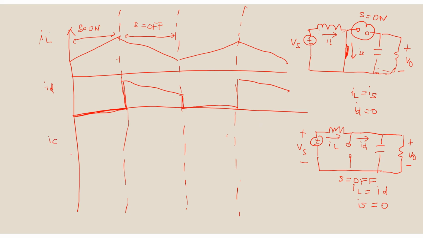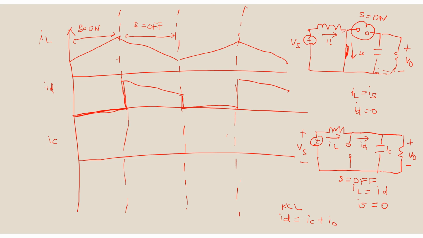Now let's draw IC. If we go back to the circuit, this is the IC. Remember KCL? KCL says that ID equals IC plus I0.